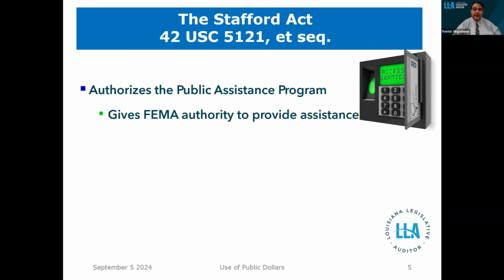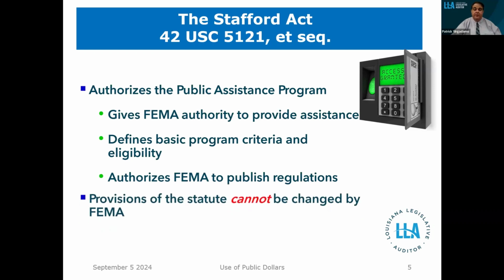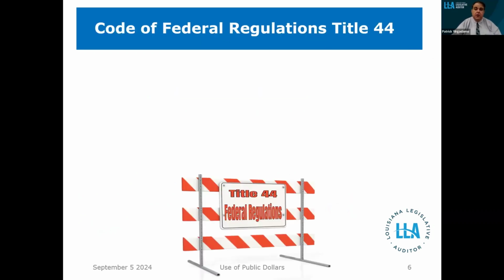It's important to understand this is what gives FEMA its authority to provide assistance. It defines basic program criteria and eligibility and authorizes FEMA to promulgate and publish regulations. It's important to know the provisions of the statute cannot be changed by FEMA. Only Congress through congressional act can change those provisions.